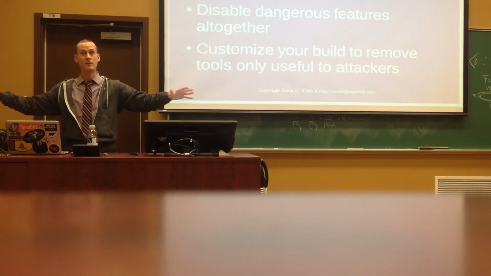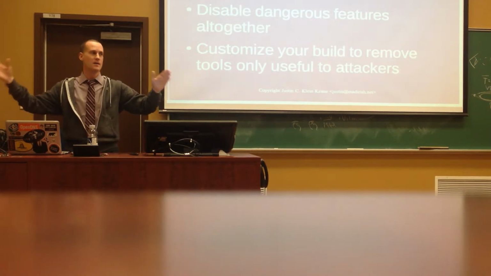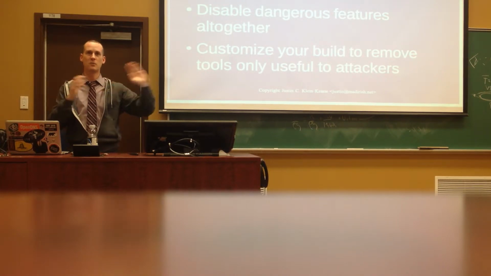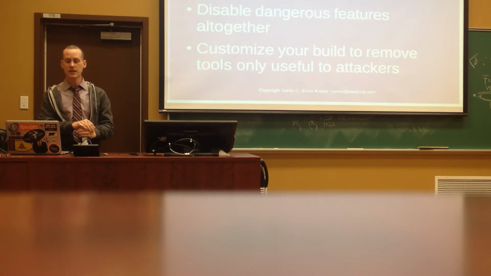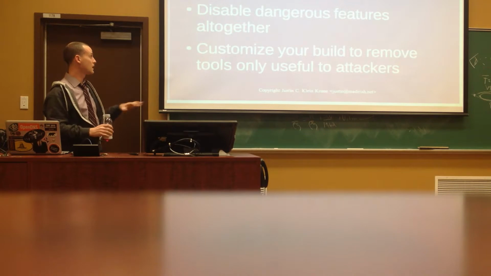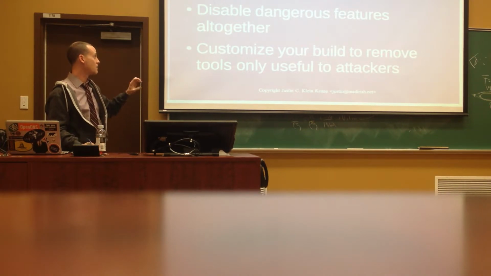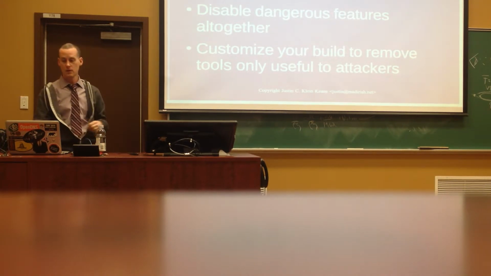But there will come a point when you stabilize an application, and you say, you know what? This application is never going to request a remote file for downloaded local execution. We should probably turn off that feature. Doing this will dramatically increase the security posture of your applications as you push them out the door.